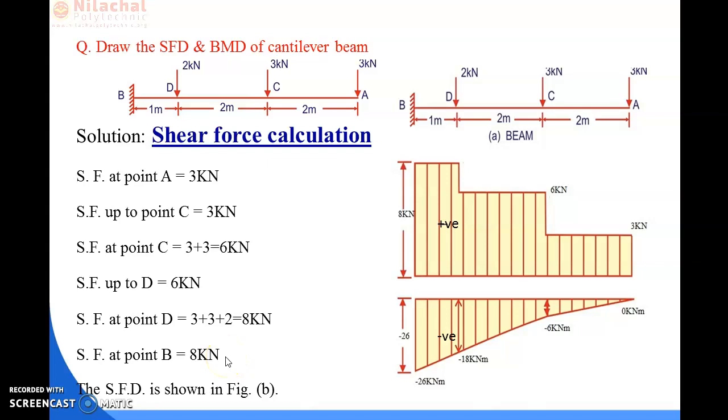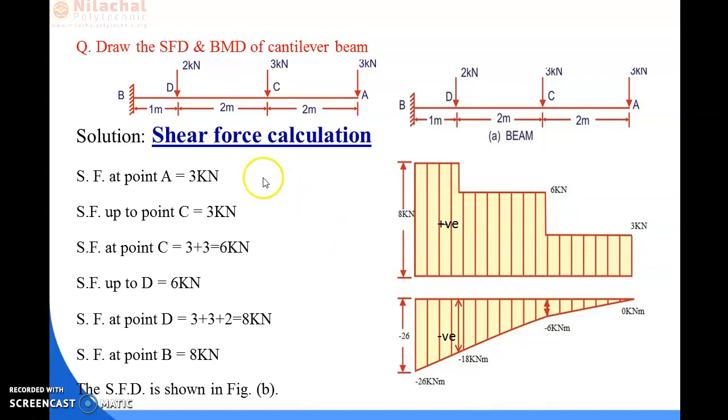So now we have to draw the shear force diagram according to these values. First, at point A, we got the value 3 kN. Before that, we need to draw a reference line, which is, you can see here, this line is your reference line.